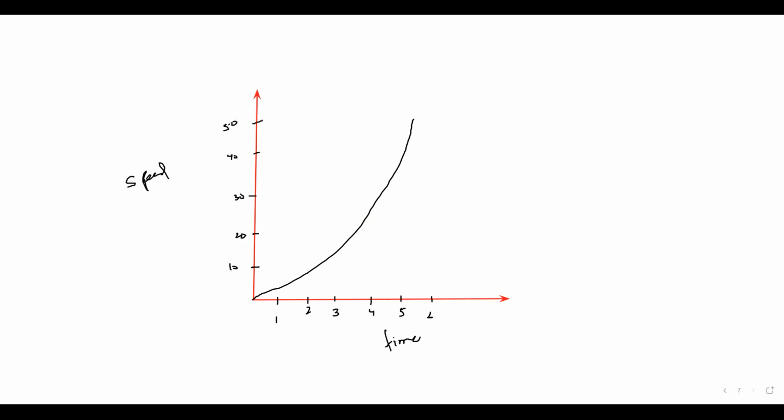Then the question is to find acceleration at time 4 seconds. So first we will mark a point on the graph line to show where time is equal to 4.